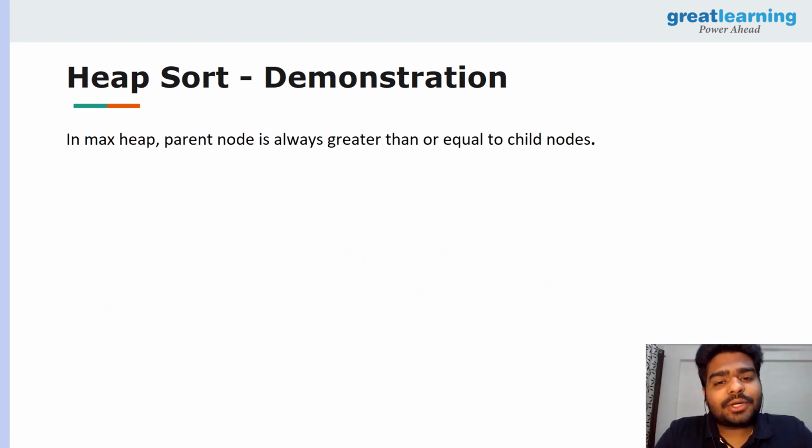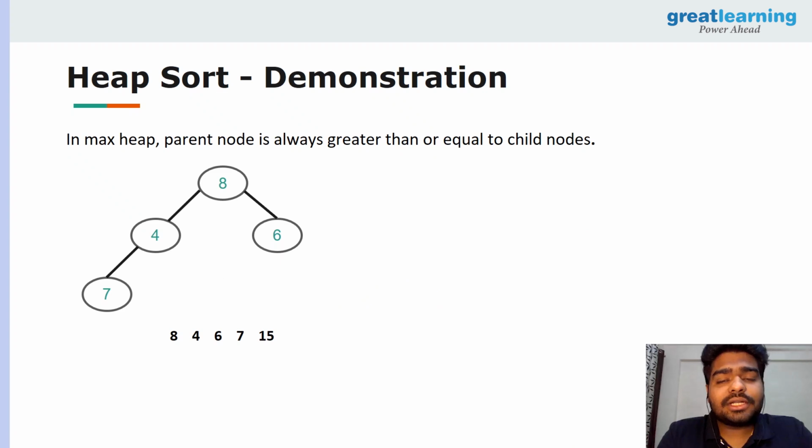Max heap: parent node is always greater than or equal to child nodes. So we have swapped the 4 and the 8. 4 was here and 8 was here. We have swapped it so that 8 comes to the parent node. Now still, is it a perfect max heap? I don't think so, because 4 is again a parent node and it is much smaller than 7.